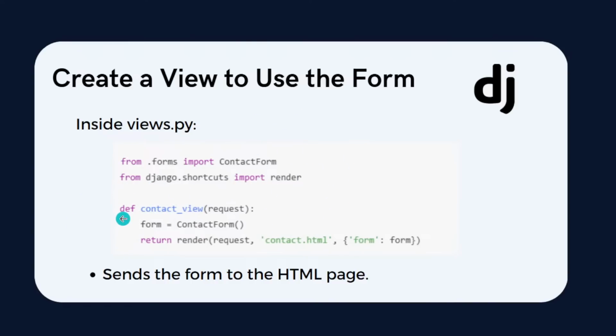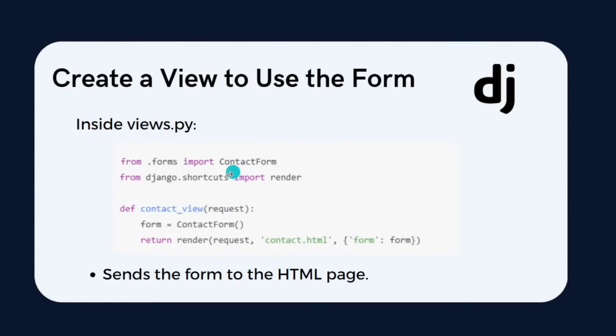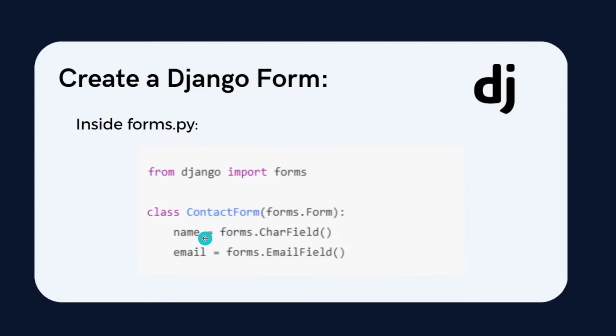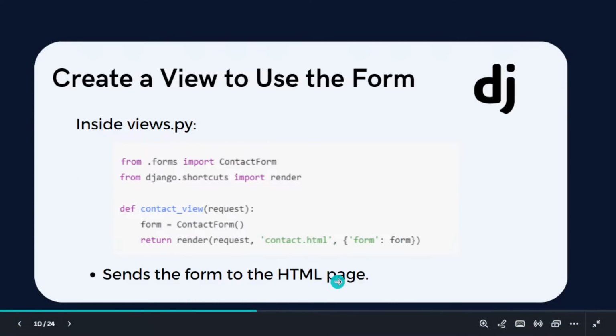Then we write the contact function, which gets a request, and form equals ContactForm(). The class is written in forms.py, so we import it with from .forms import ContactForm. We store the ContactForm in the form variable, and after that we pass this form, which is automatically sent to the HTML page.